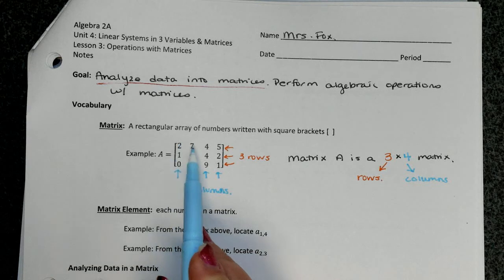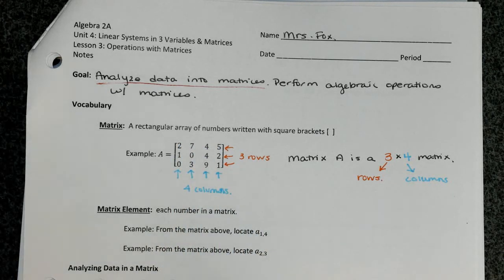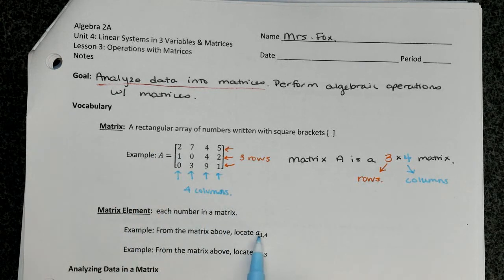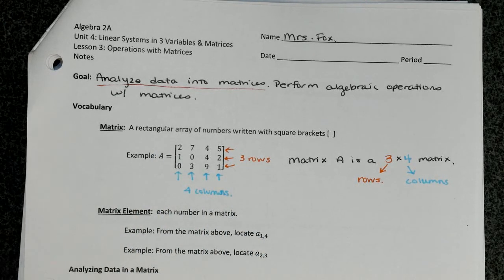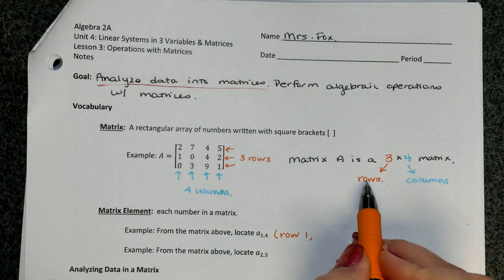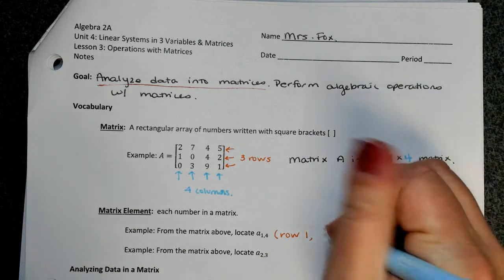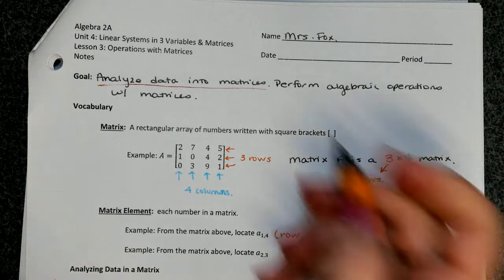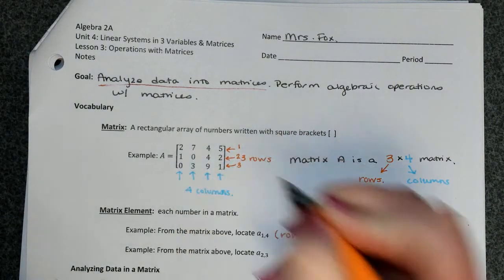Each of the numbers in the matrix are considered an element. Okay. So again, from the matrix above, it says locate a 1,4. The small a just tells us that it's coming from matrix capital A. Okay, 1, 4 tells you that it's in row 1 because rows come first, and it's in column 4. So when you number your rows, this would be 1, 2, 3.